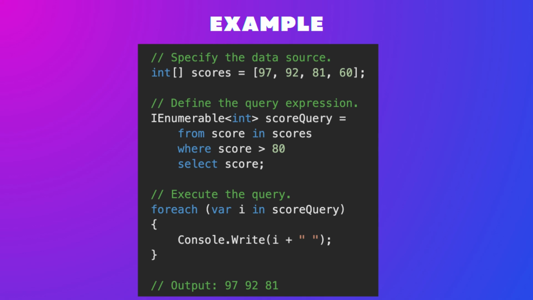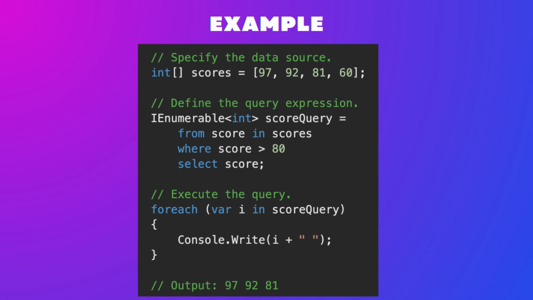And then last, we see the select LINQ method, which returns the score itself. Recall that I noted that we can also transform or project the item in the collection to a different type or do whatever kind of processing we want on it. In this case, we just want to return the score itself. This third section of the code just allows us to see the results of the query.